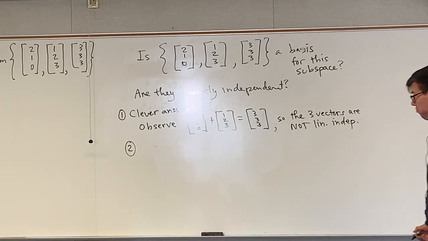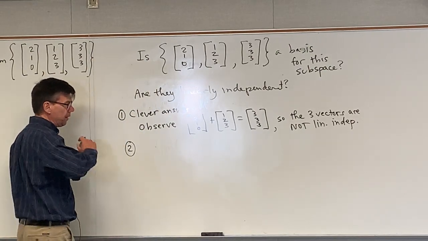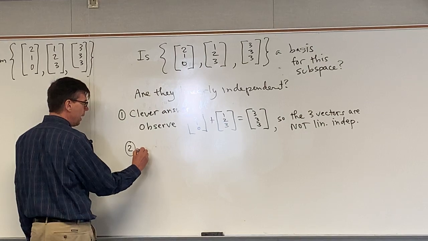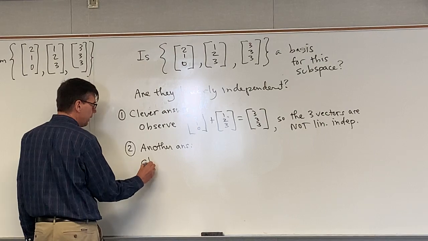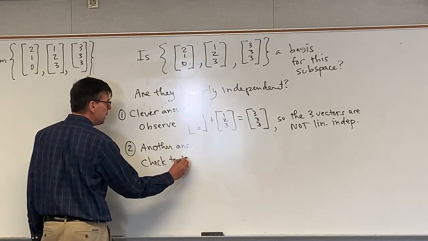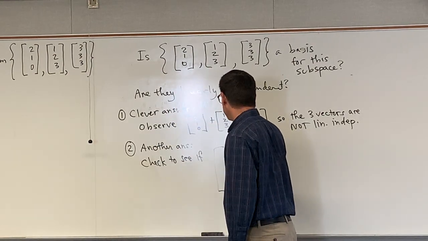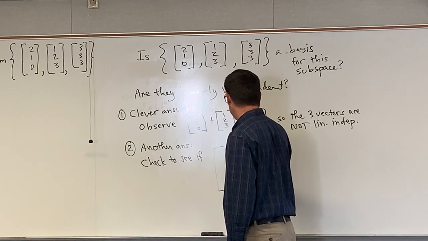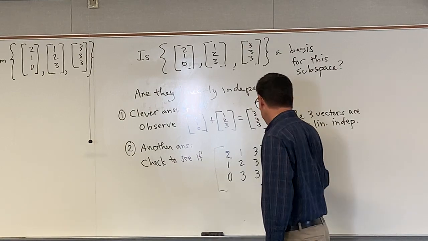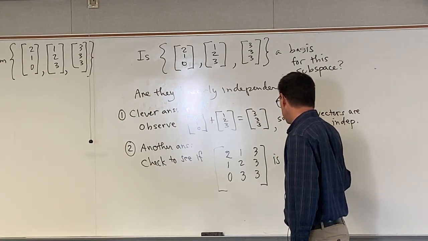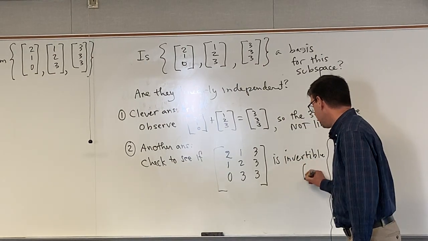So the second way, kind of following the straight and narrow path, another answer could be to check to see if the matrix 2, 1, 0, 1, 2, 3, 3, 3, 3 is invertible. And it's not.